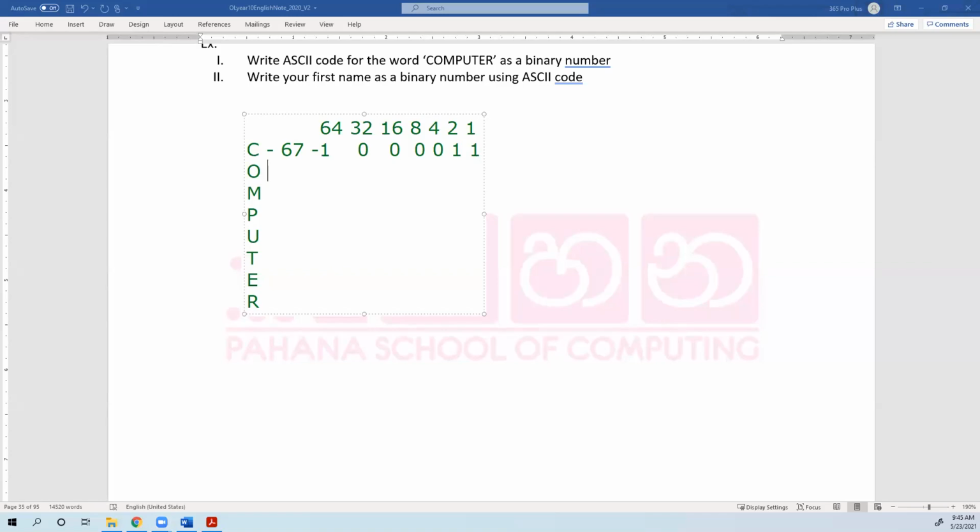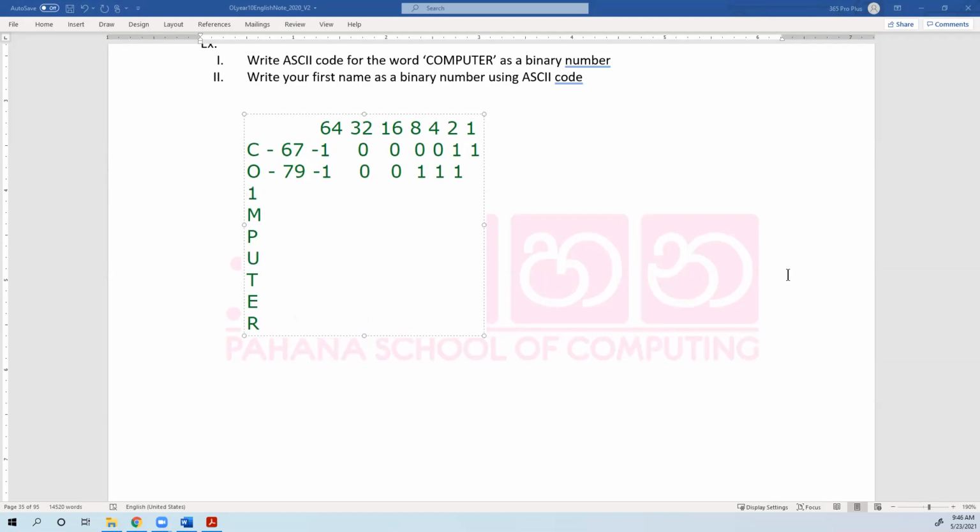Right? So this is O, 79. So that means 64 plus 15, so the lower bits are all 1s: 1, 1, 1, 1.